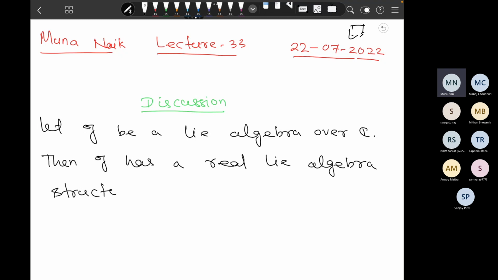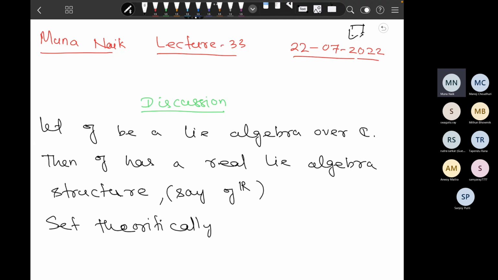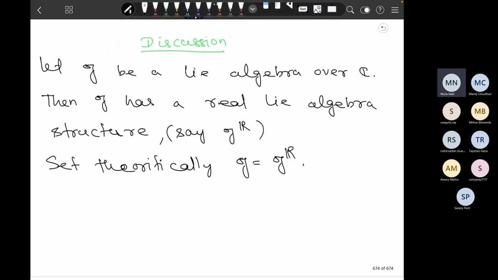That means if something is a Lie algebra over C, then it is clear that it is also a real Lie algebra over R. So when G has a real Lie algebra structure, say G_R, set theoretically G is equal to G_R.